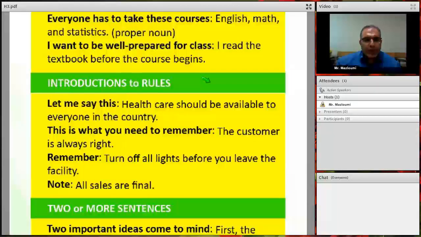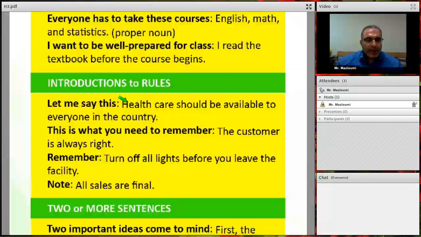Introduction to rules. So when we use rules, let's see. Let me say this: healthcare should be available to everyone in the country. Said by a politician, of course. Healthcare, everyone, means the set of services provided by a country or by an organization for looking after the health of all the people.